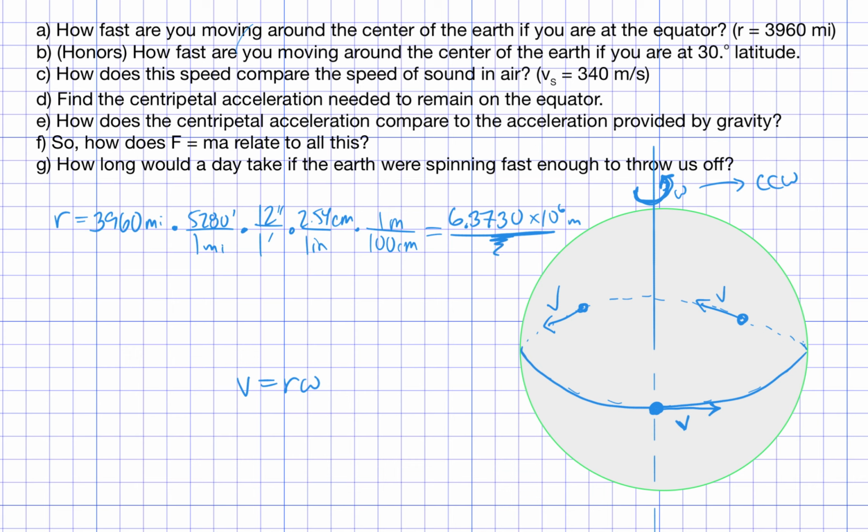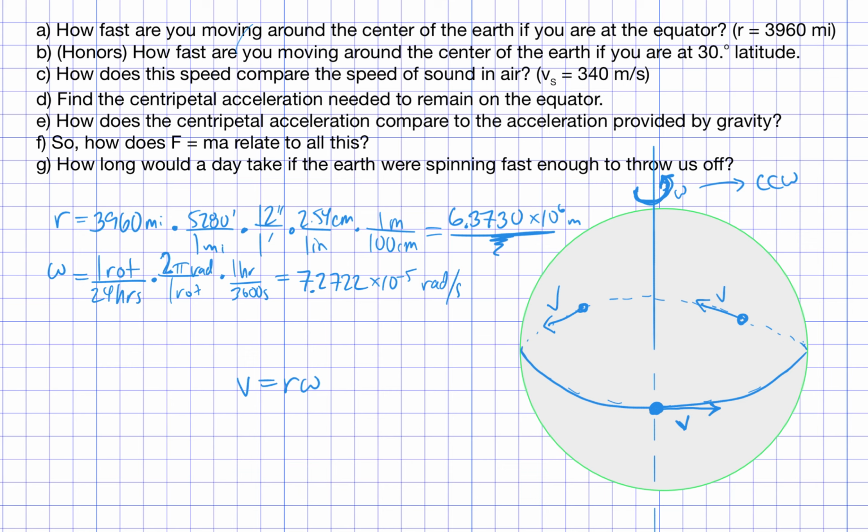But what is omega? This is something that surprises me many times that my students get tripped up on: the omega of the Earth going around its own axis. You should know that omega is one rotation per day, or one rotation every 24 hours, so we can convert that day into 24 hours.